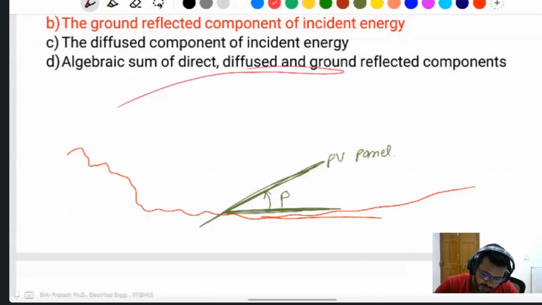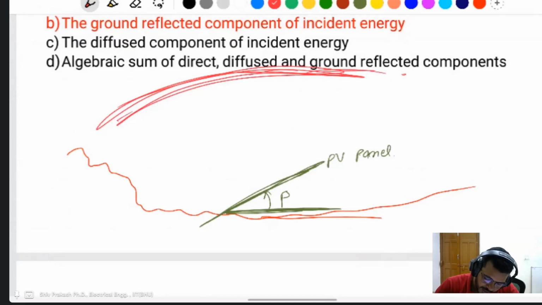This is the atmospheric condition. Sunlight, this will be the normal to the surface. This will be the direct sunlight.